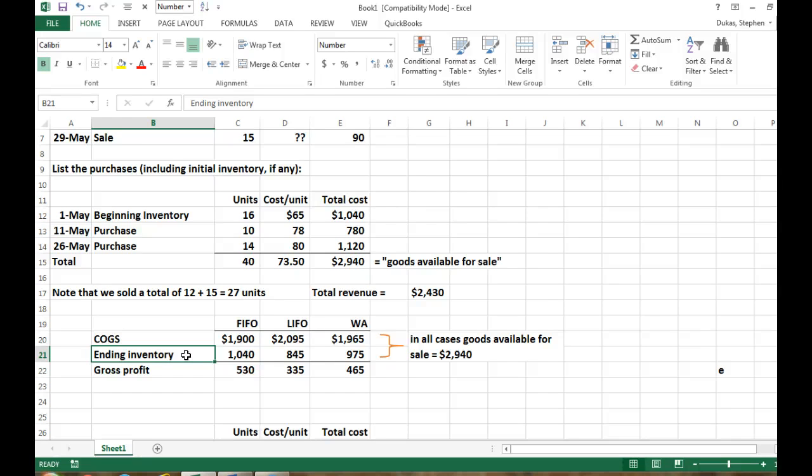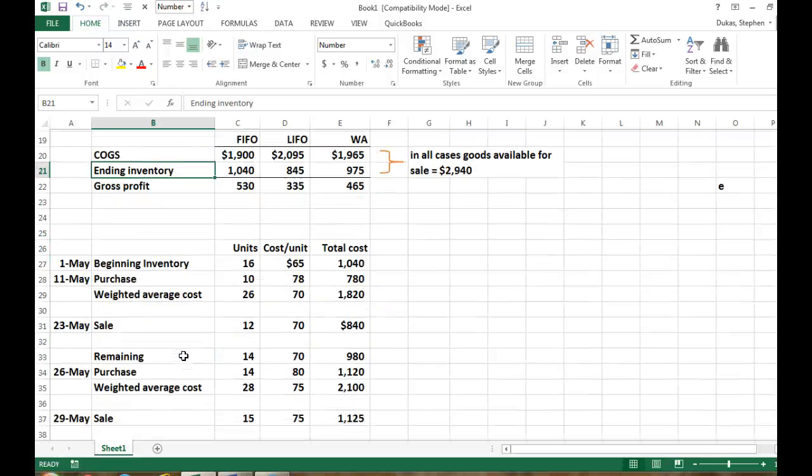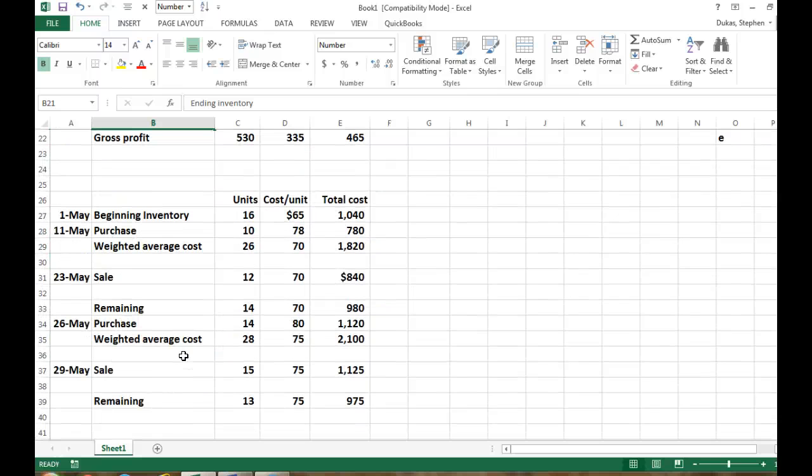Now, to compute cost of goods sold and ending inventory under weighted average, it's a little bit more complicated. The rule with weighted average is you recalculate the weighted average cost only after each purchase, not after each sale. So let's start from the beginning.